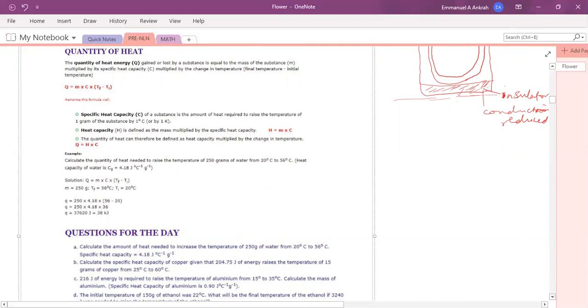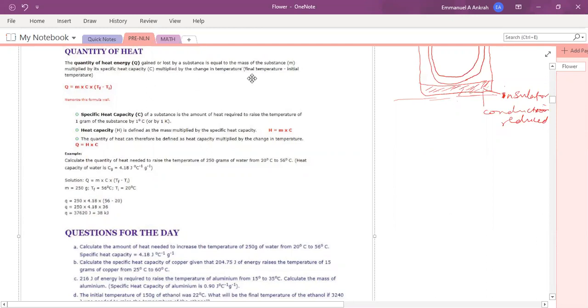Right, so quantity of heat, you have to calculate how much heat an object has. Please look at the screen for this one. The quantity of heat, let's use Q, gained or lost by a substance is equal to the mass of the substance, which is M, multiplied by its specific heat capacity, C, multiplied by the change in temperature.